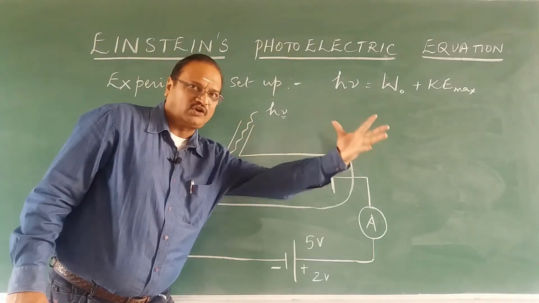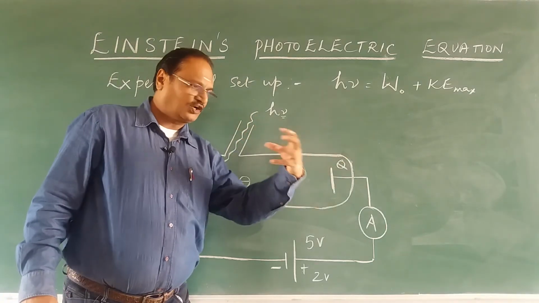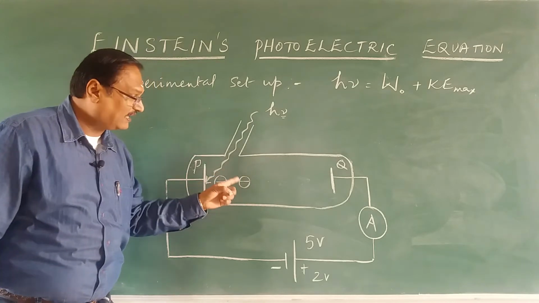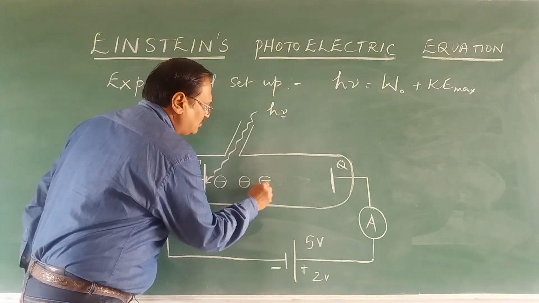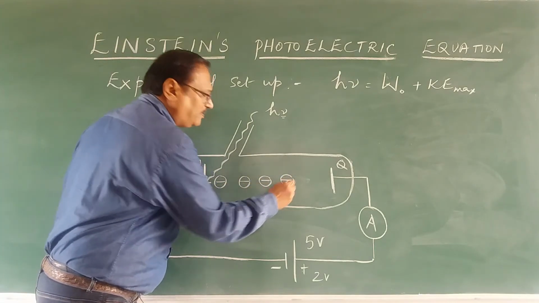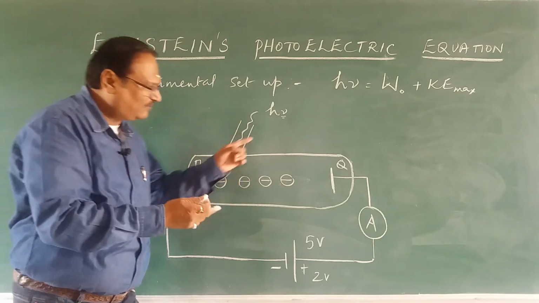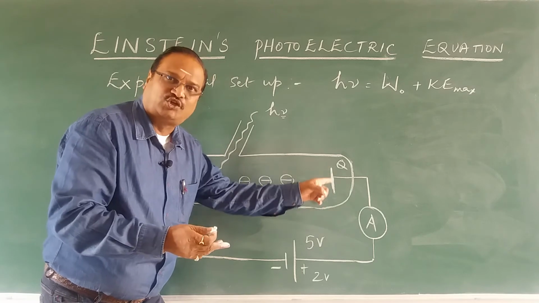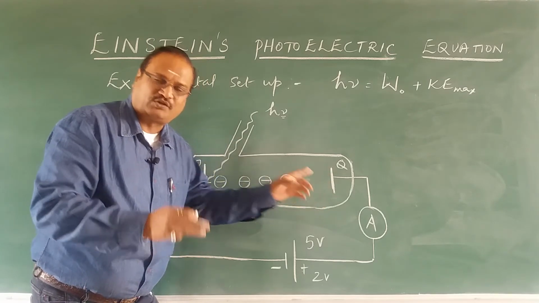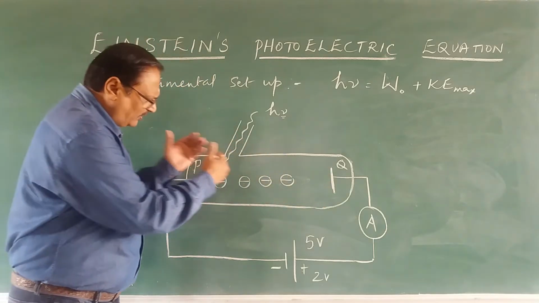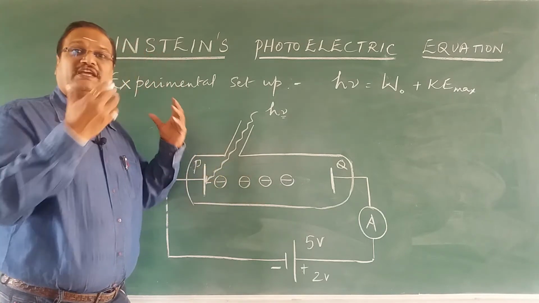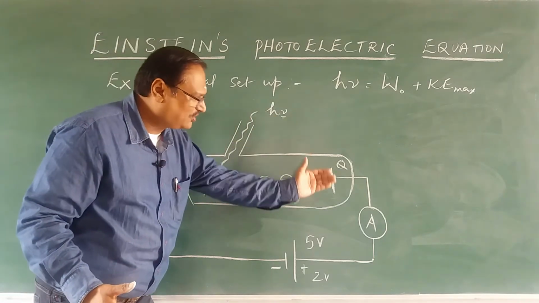This is not going to attract. The electron has to use energy. The energy of the electron should be more, and then only it can reach the electrode Q. You get my point? If the electron has more energy, then it reaches the plate.